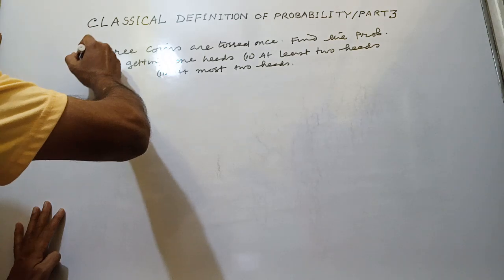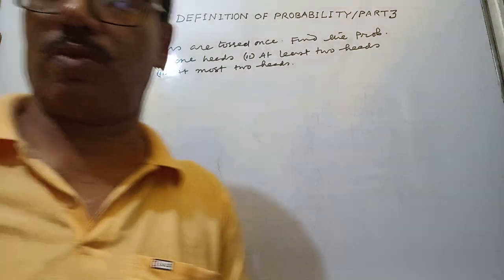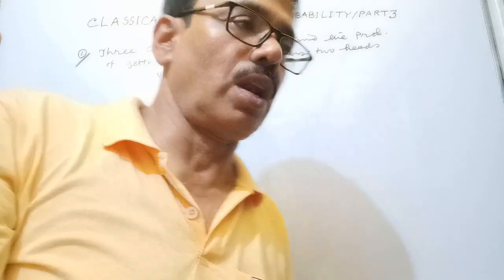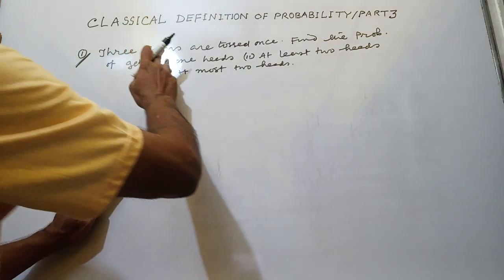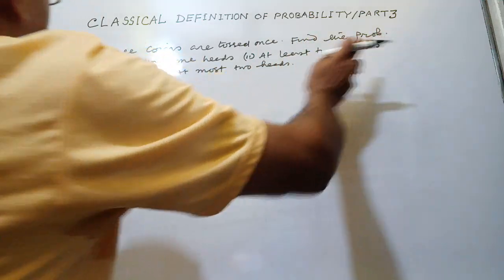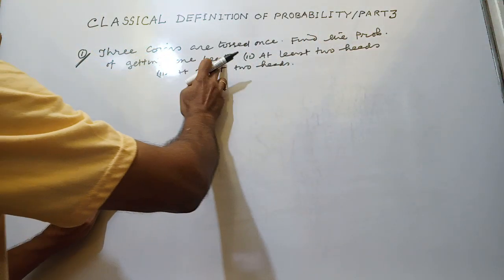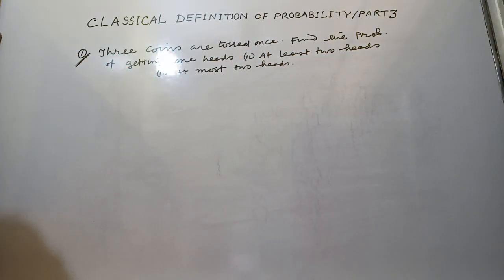Now we consider one problem, the simplest problem of class 10 or 11. 3 coins are tossed once. Find the probability of getting one head, at least 2 heads, and at most 2 heads.